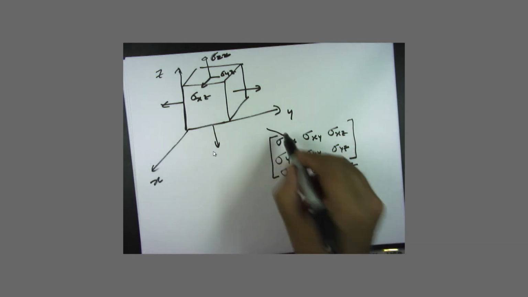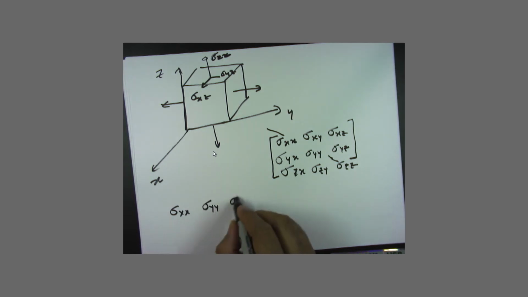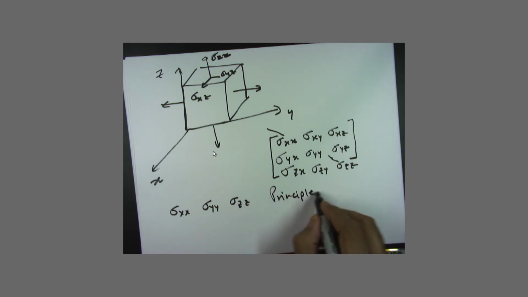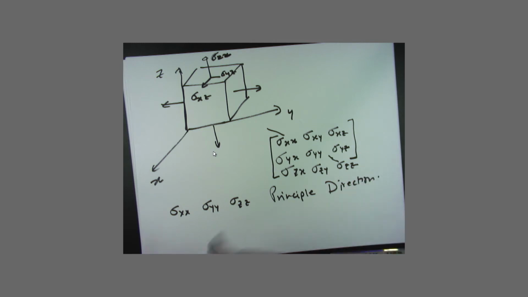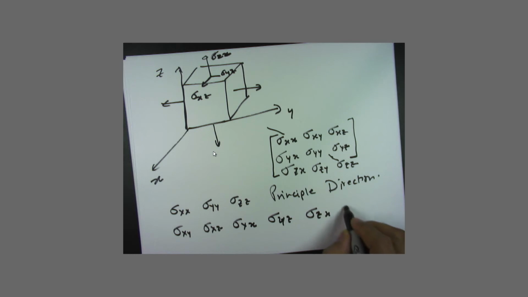So, if you look at these 3, sigma x x, sigma y y, sigma z z, the principal direction of stress, and then you have the cross terms which are sigma x y, sigma x z, sigma y x, sigma y z, sigma z x and sigma z y.